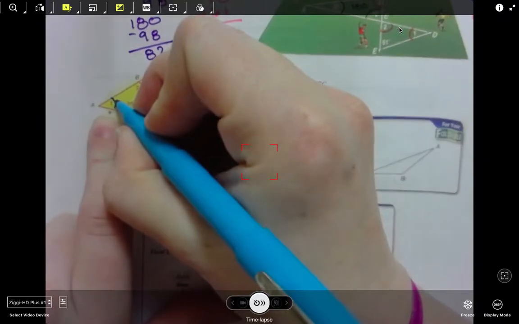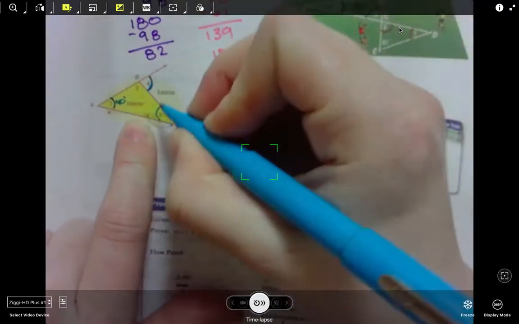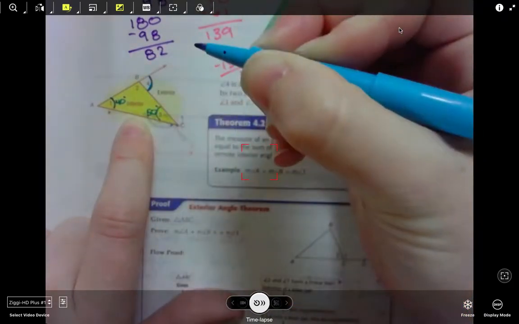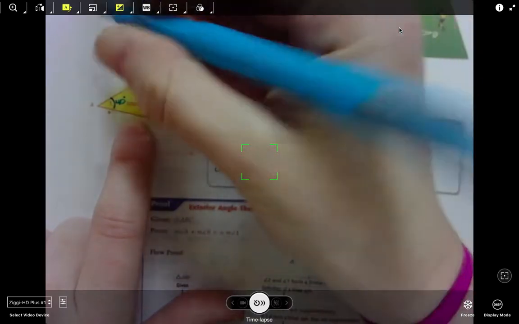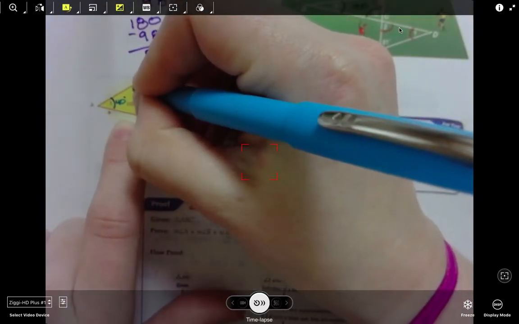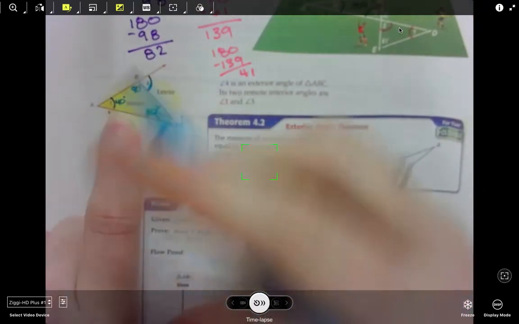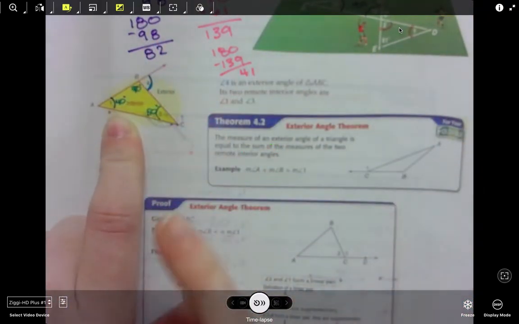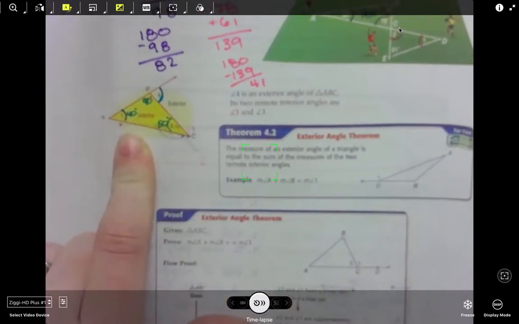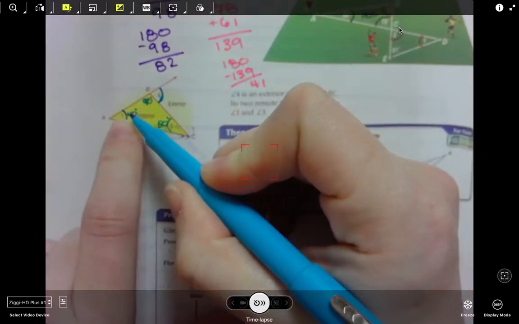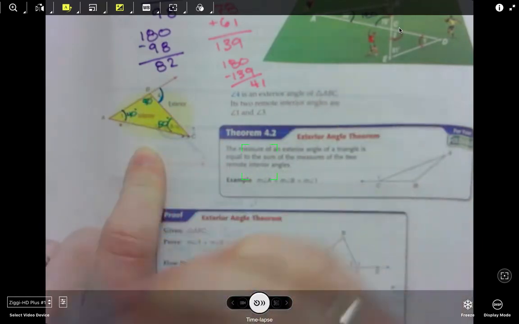So let's just slap some numbers in here. Let's say angle 1 is 40 degrees, angle 3 is 50 degrees, and angle 2 would then have to be 90 degrees, in order for all of those to add up to 180. Angle 2 looks like it's slightly larger than 90 degrees, but whatever. We're just putting some numbers on there, okay? So 40, 50, and 90 is what I have here.